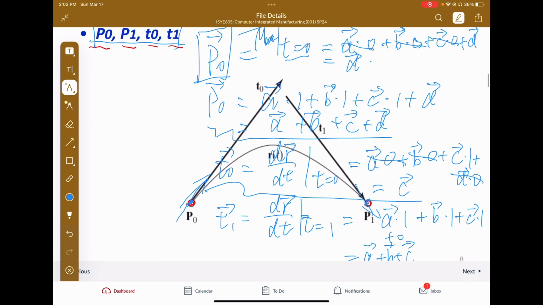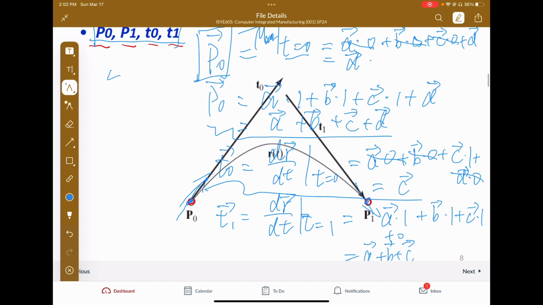So in this way, we have 4 variables, which is a b c d, and we have 4 equations, 1, 2, 3, 4. So 4 independent equations can solve for 4 variables.